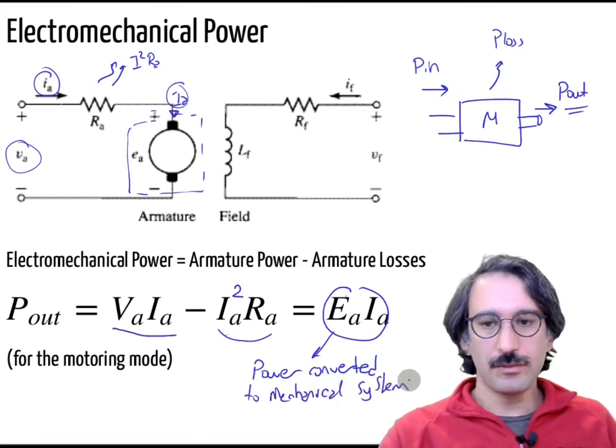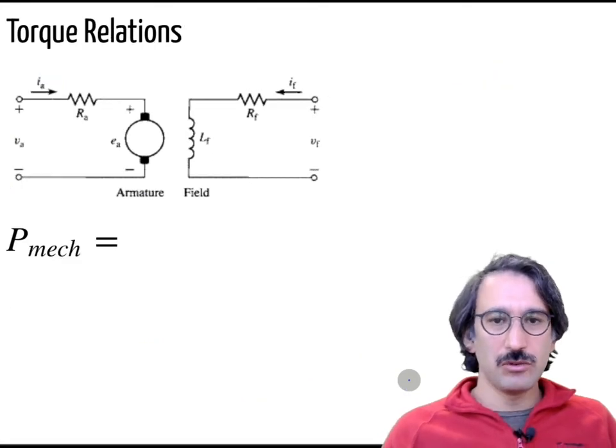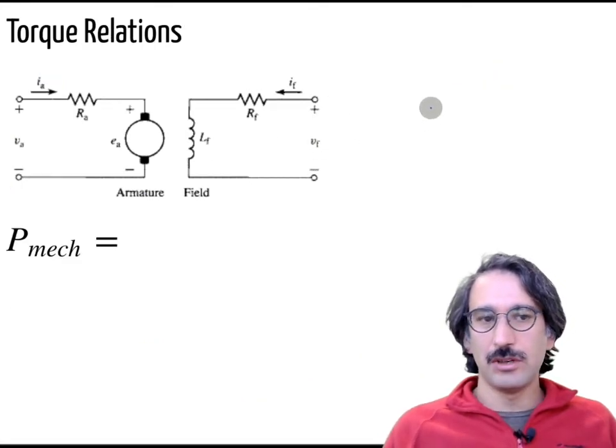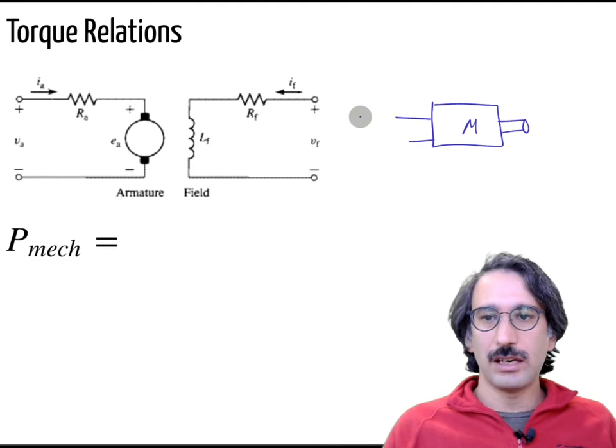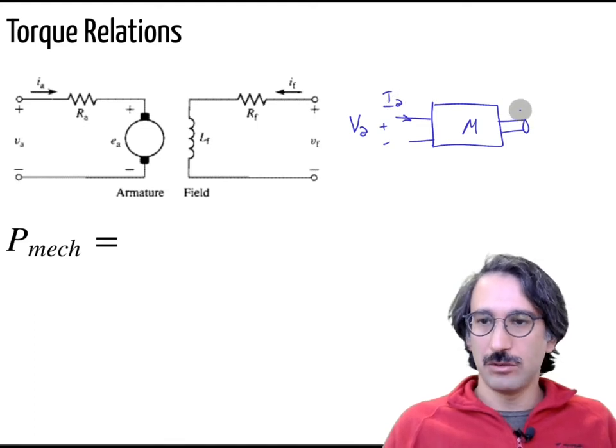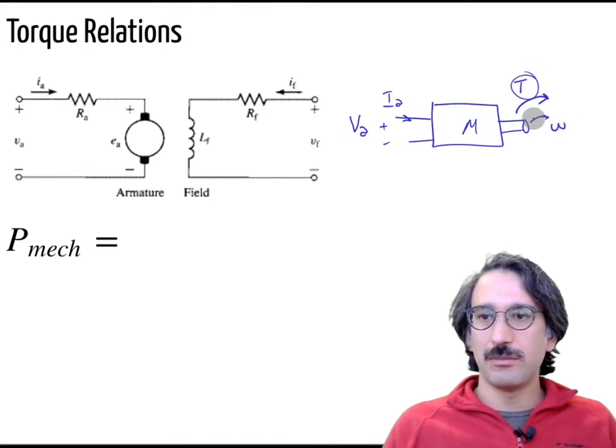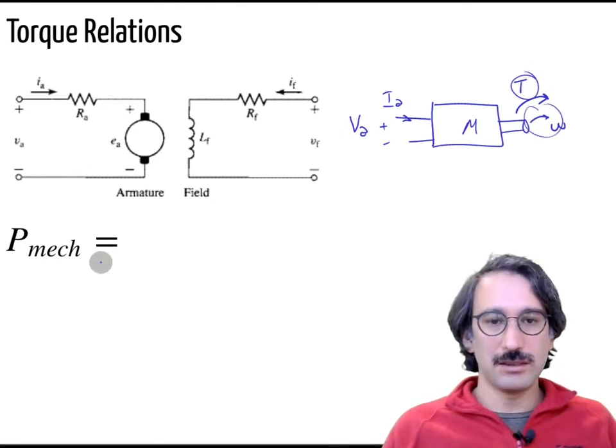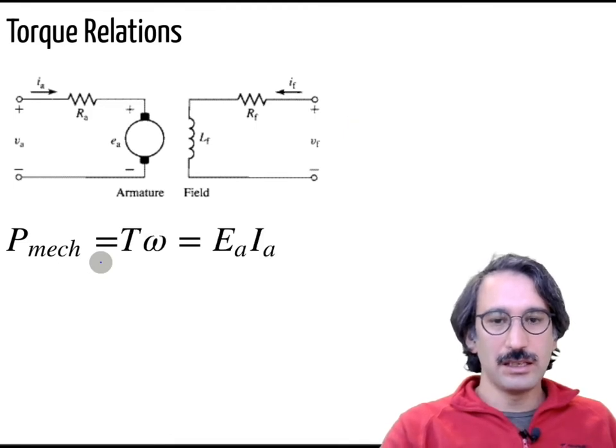Okay, so then if you think about that, let me draw that motor again. So we have the motor and we have the shaft. So we have VA and we have IA getting in. So at the output we are doing some work, and that is how we basically have torque and speed, and P mechanical is equal to torque times omega.